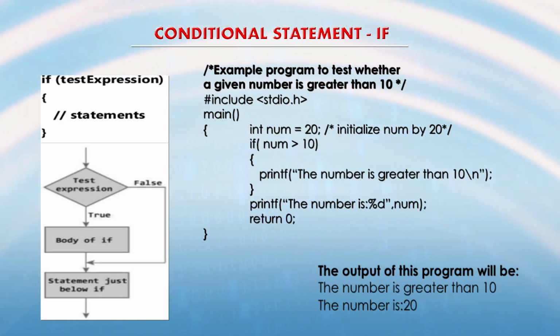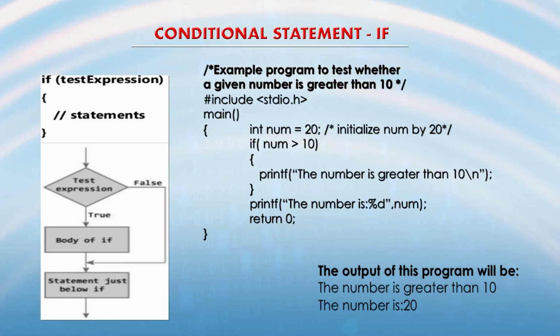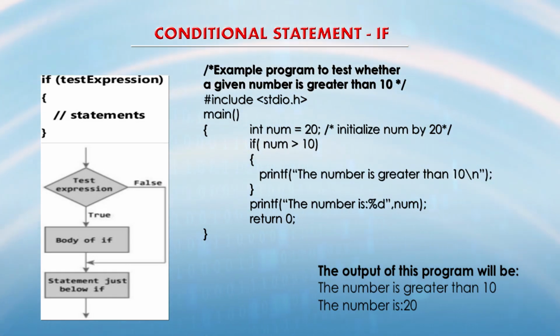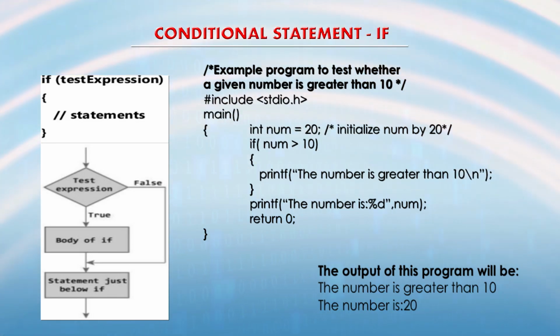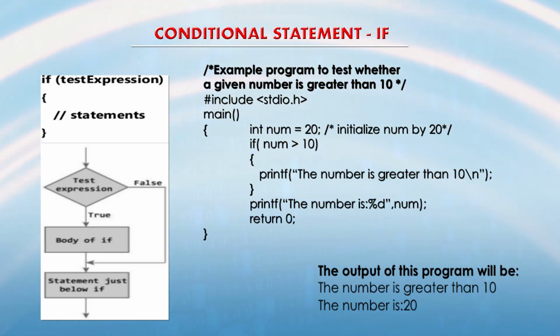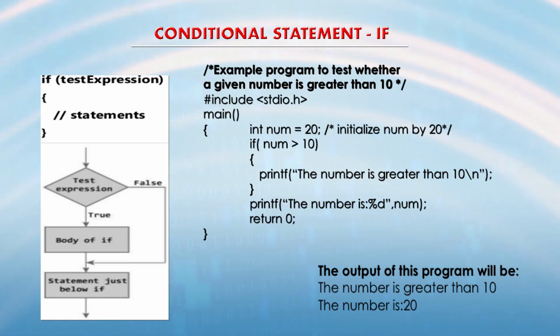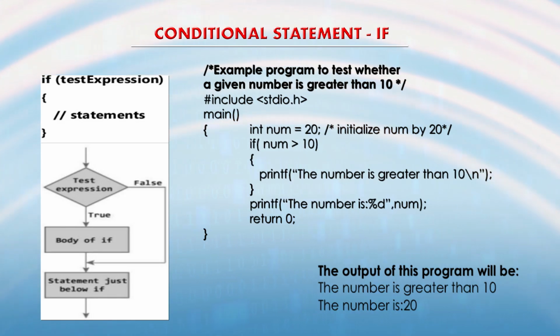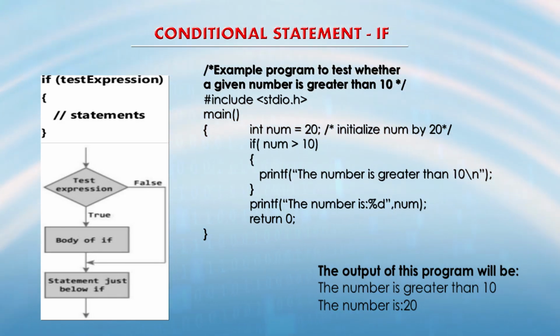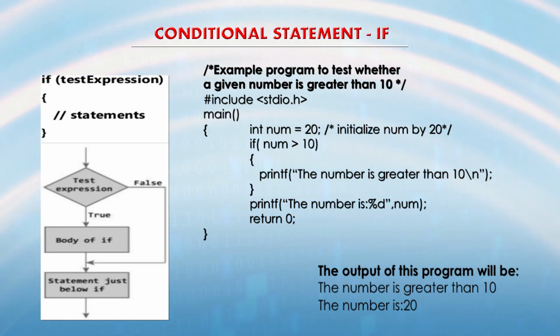Now, hash include stdio.h, we are including stdio.h, a standard header file for input and output, and we are using the main function to write the body of the program. In between the opening and closing braces, firstly I am declaring a variable of the data type int, and the variable name is num.